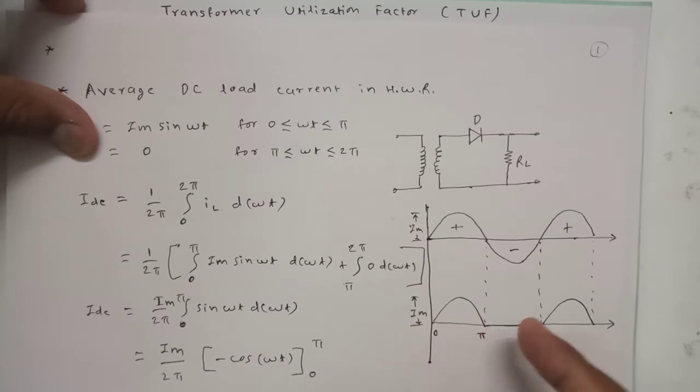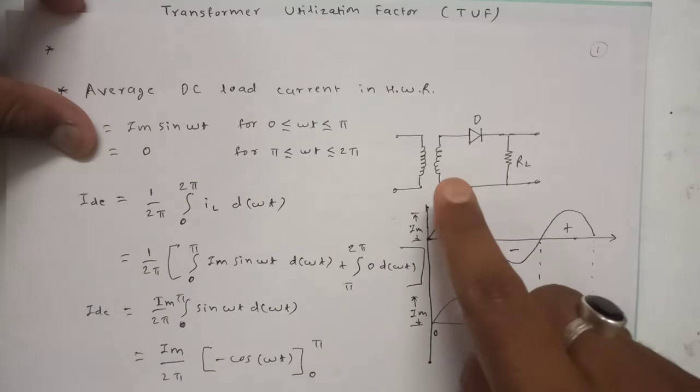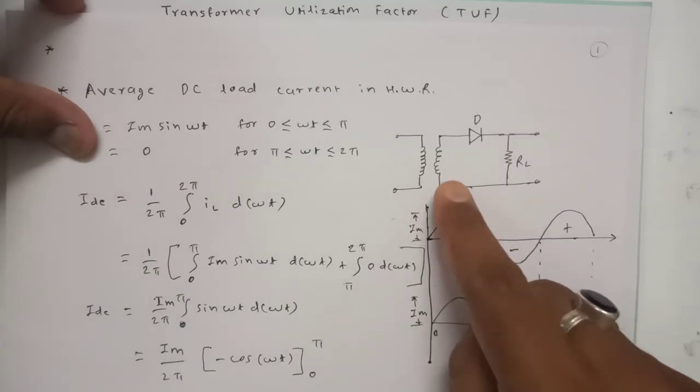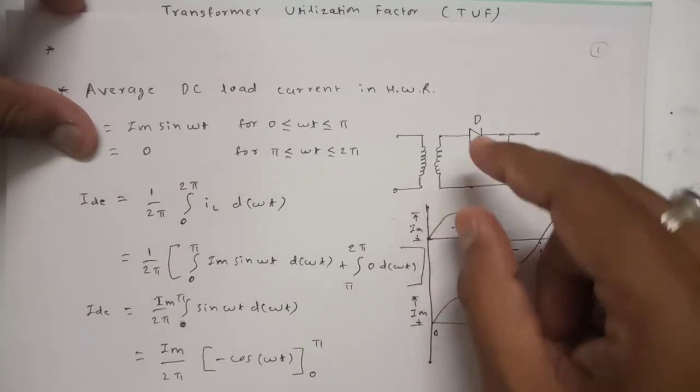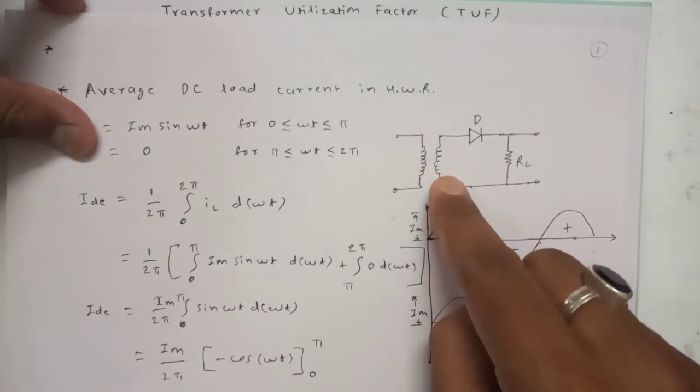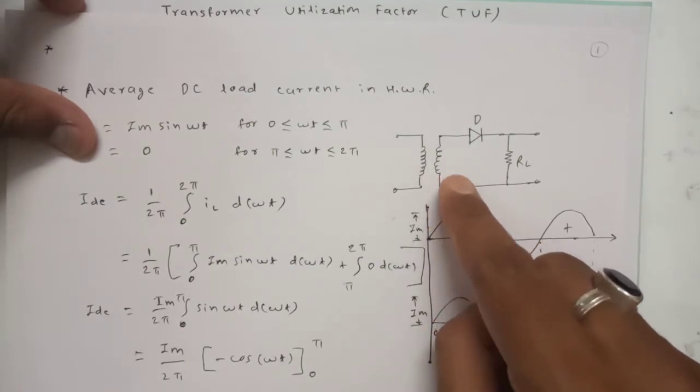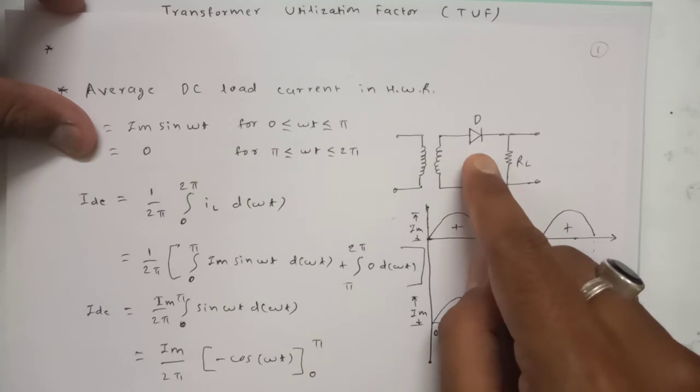And that's why we derived IRMS there, which is Im by 2. But whenever we talk about the voltage, whether it's a positive half cycle or a negative half cycle, the voltage will always be here, and that's why we have to consider it even if the current is not flowing, right?